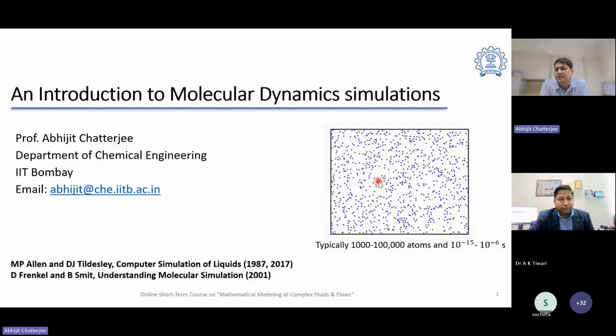Most commonly, the system sizes handled are about 100,000 particles. And the time scales accessed are fairly short, from 10 to the power minus 15 seconds to about a microsecond.